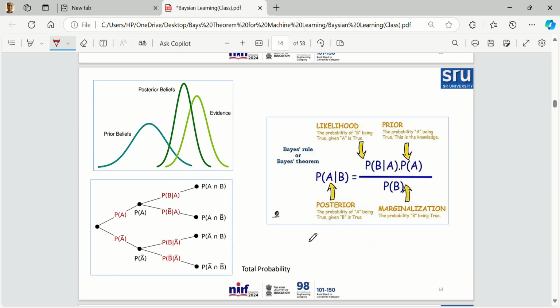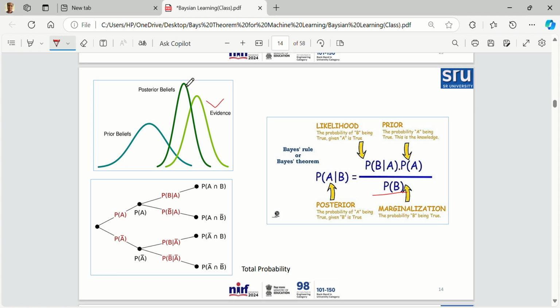Now you can see from this diagram the posterior belief, prior belief and evidence. This is the evidence, that is the probability of B, generally called marginalization, or sometimes the evidence, because B is the partition or the result cause.